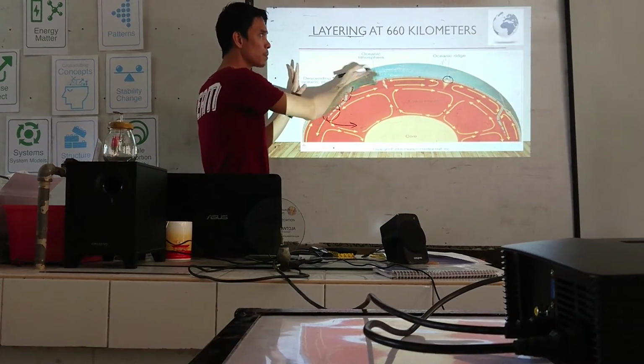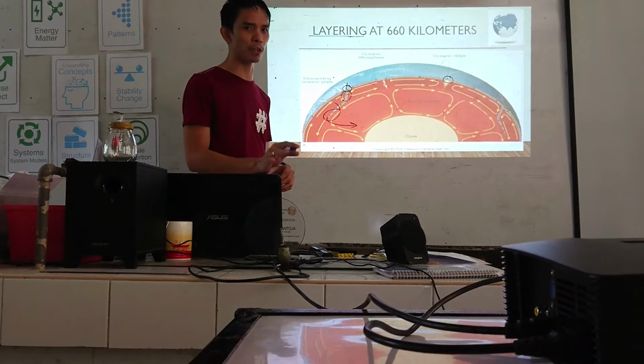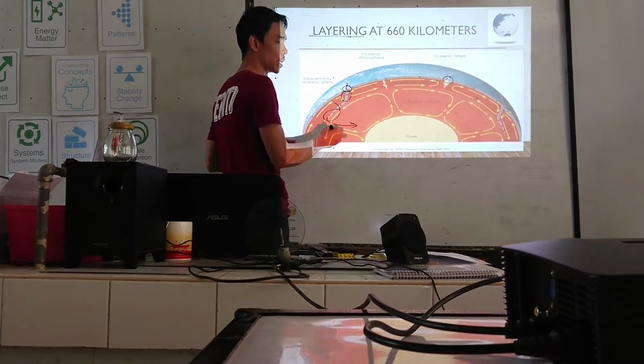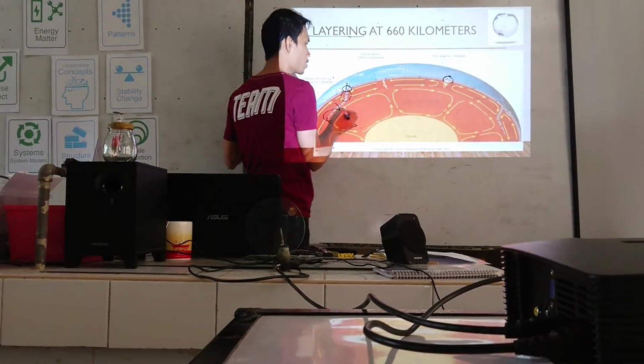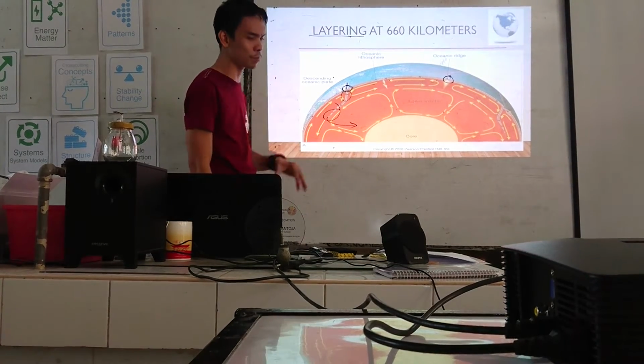Because of this model, it explains why the rocks in the hotspot volcano are different from the rocks coming out from the plate boundaries, like the ones at the ocean ridge and the subduction zone. Now, what are the shortcomings of this model?